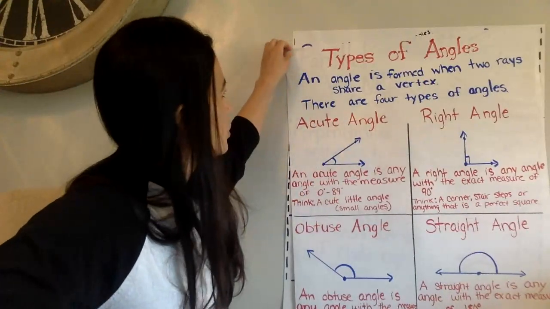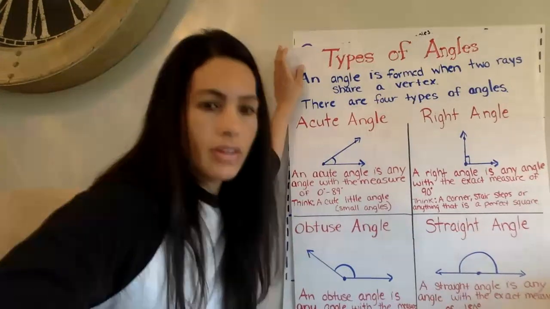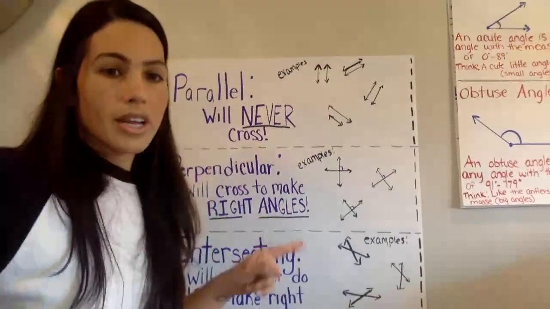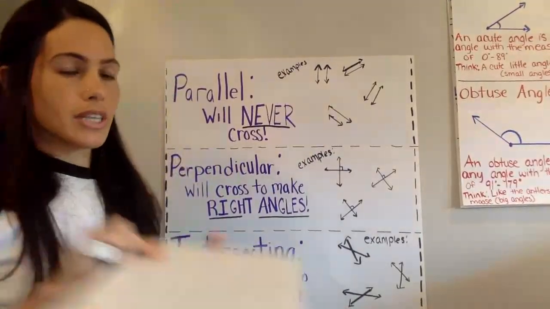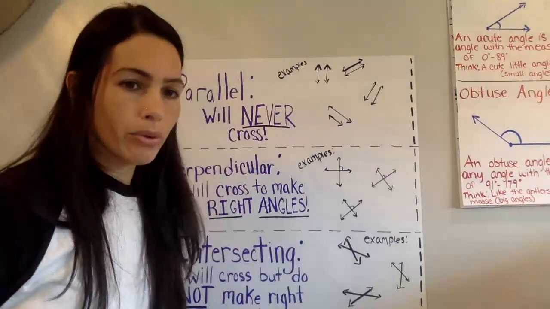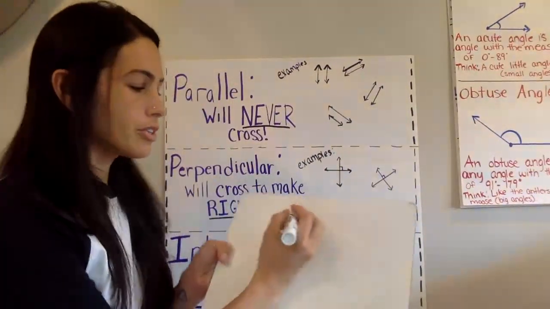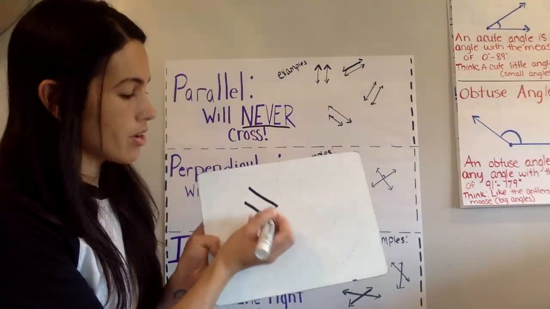Then we moved on to parallel, perpendicular, and intersecting. Okay, so first you learned what parallel was, and those are two lines that will never cross. I said, think of the lines in the middle of the road. You can think of train tracks. No matter how far they go, they're never going to cross, and they're always the same distance apart.